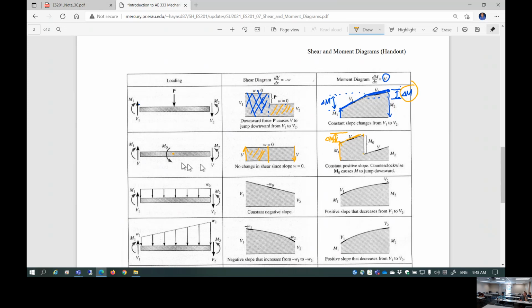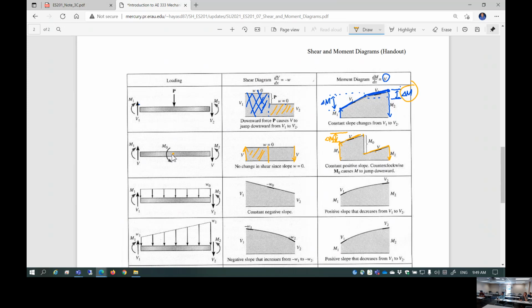And then here, you all of a sudden jump down this much. From that point on, shear is constant, so you still have the same slope. Then you come up to the value of M2, and you jump down to 0. Make sense? So the slope of this and the slope of that is constant because shear is uniform. But you have a discontinuous jump of moment because of the external moment application.